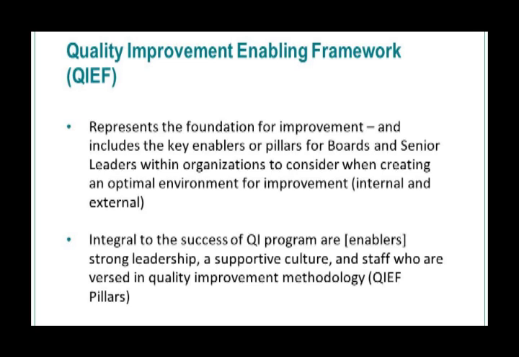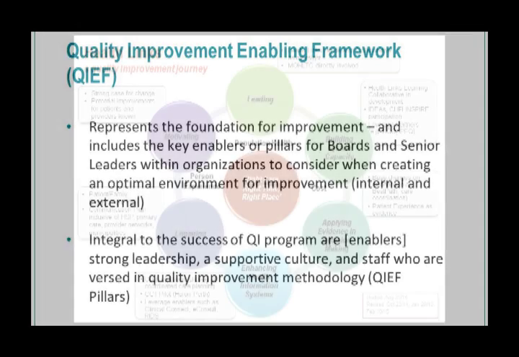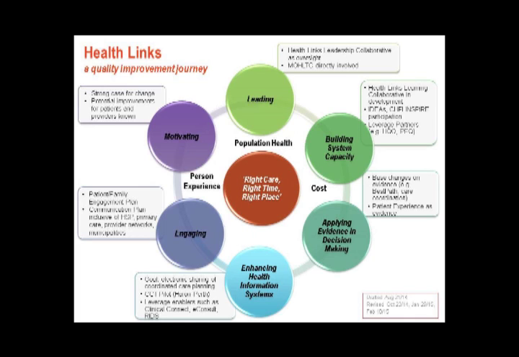So we're thinking about all of the things that we need to do to be successful in implementing HealthLinks. Integral to the success of QI programs are enablers: strong leadership, a supportive culture, and staff who are versed in quality improvement methodology. This slide shows the Quality Improvement Enabling Framework, and the HealthLinks Leadership Collaborative have reviewed all of the different pillars within the framework to ensure that we have enablers and activities in place to build on each of these pillars.